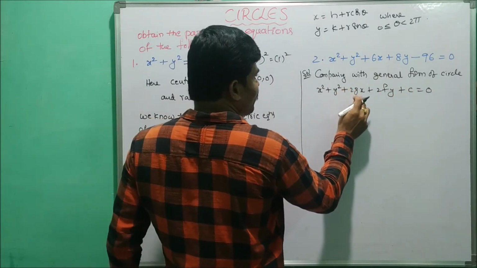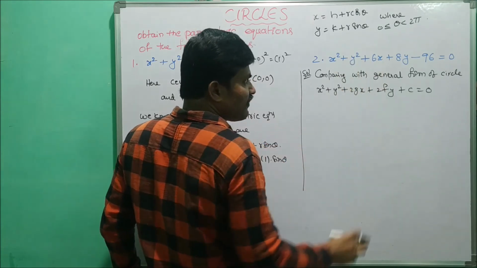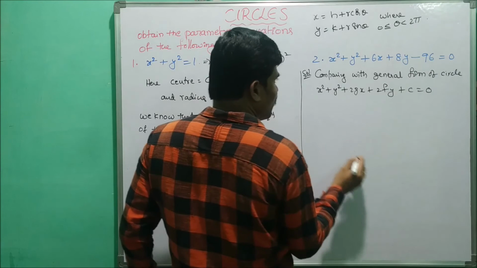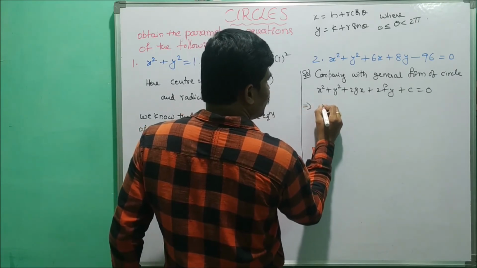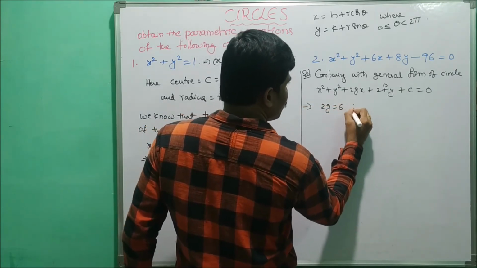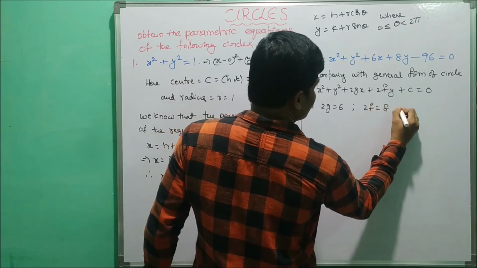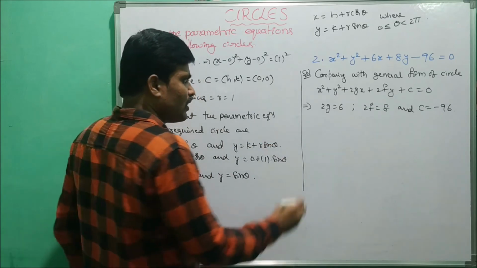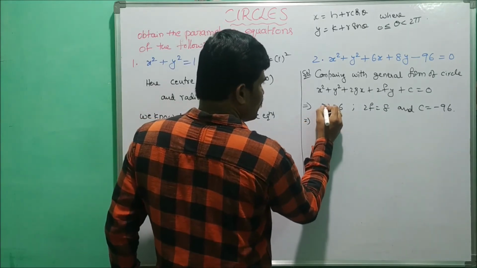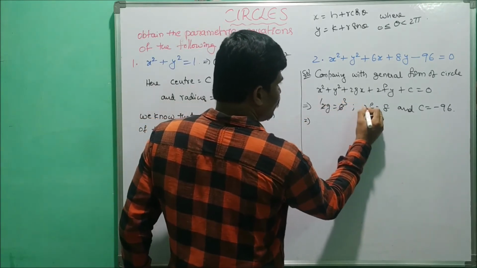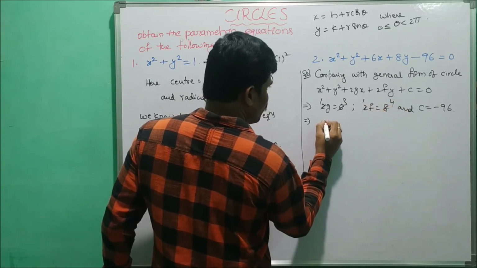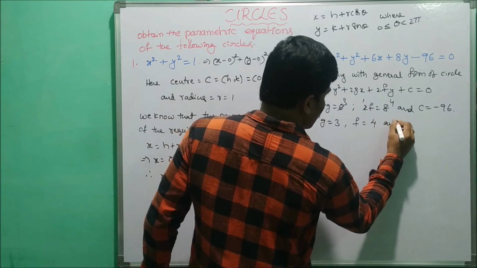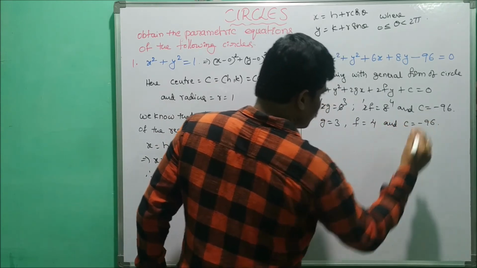Here the coefficient of x is 2g. In the given equation, the coefficient of x is 6, 2f equal to 8, and c equal to minus 96, which implies 2g equal to 6, 2f equal to 8 and c equals minus 96. Now simplify this, dividing by 2, which implies g equals 3, f equals 4 and c equals minus 96.